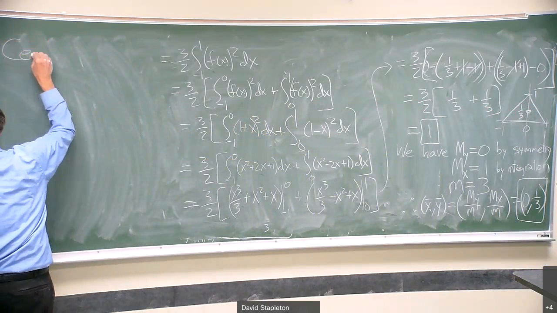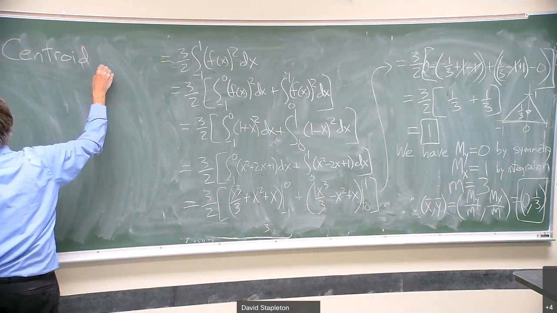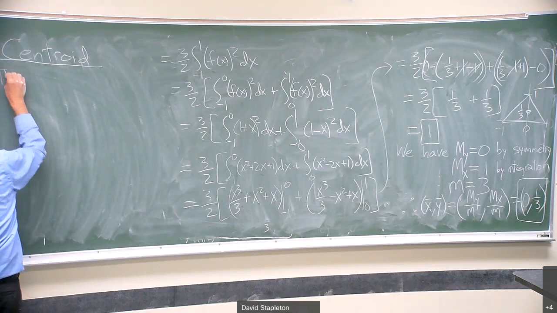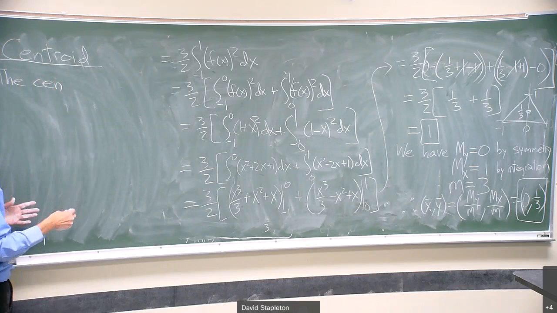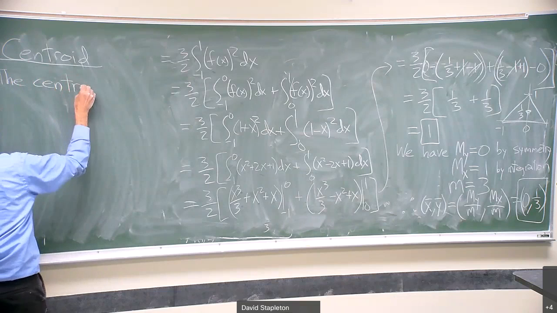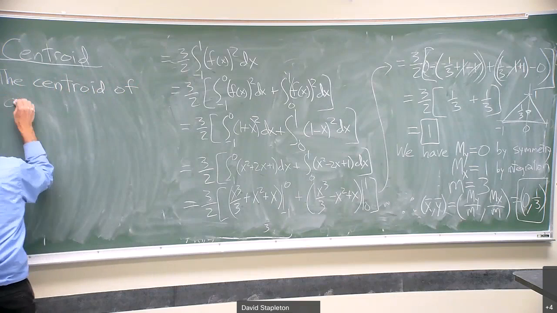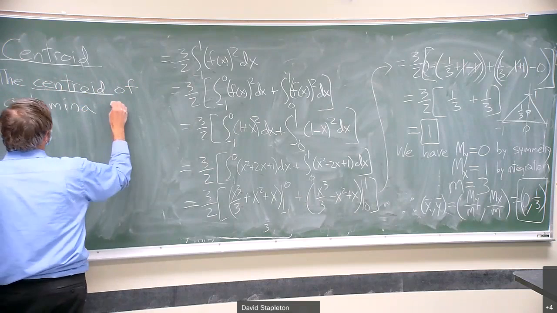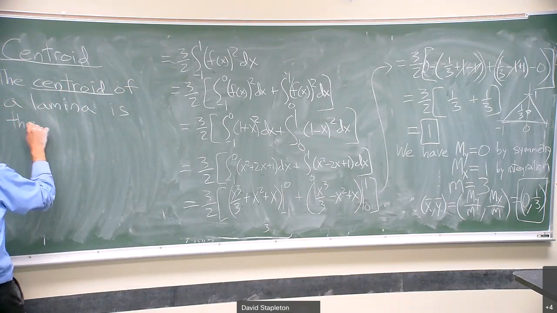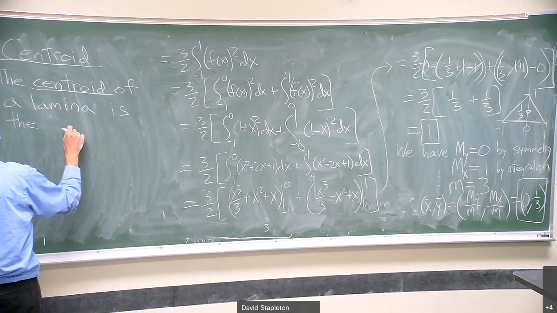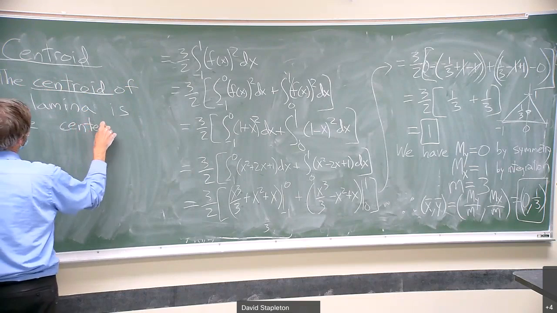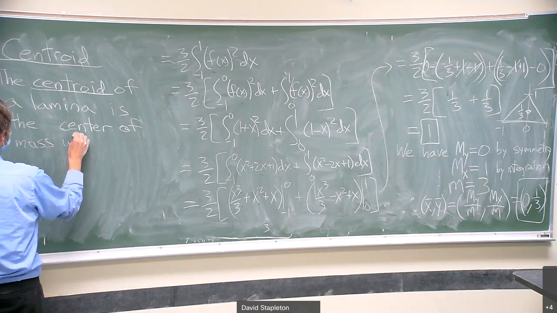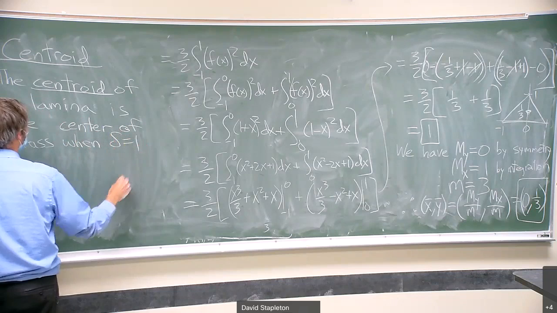Now, a little bit easier topic, centroid. The centroid of a lamina, a thin plate model of a plane region, is the center of mass, the book will say center of gravity, when the density function delta is 1.